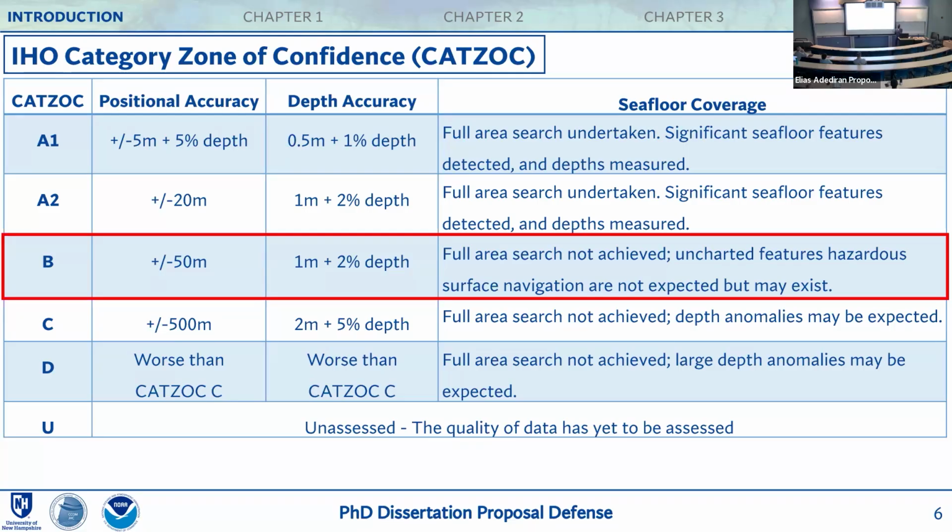I'm talking about skunk-striping, when you combine multibeam or single beam and a side scan. That is when you can achieve level A1 or A2. But if you are just depending on the interpolation uncertainty that we'll be estimating in this work, then the highest level that you can achieve is level B, because this is something I get a lot of questions about. So that's why I'm trying to address this beforehand.